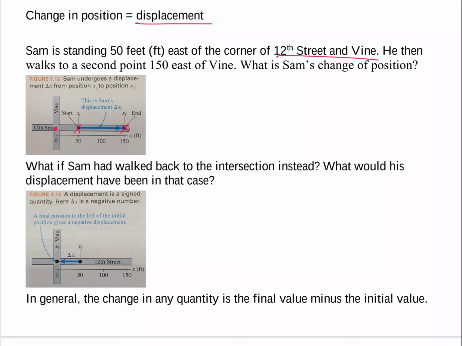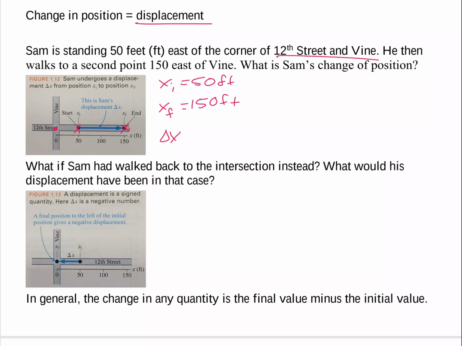So mathematically, we would call this x sub i. x sub i is 50 feet. We would call his final position x sub f, and that is 150 feet. And delta x is what we would say.